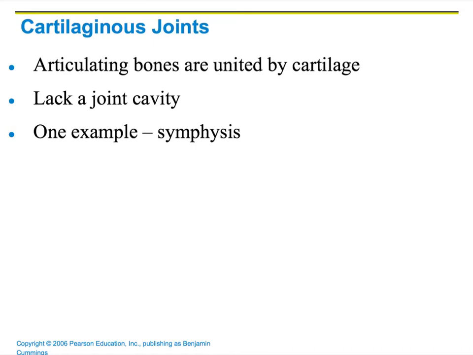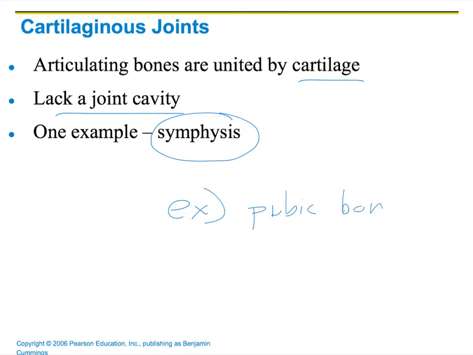Cartilaginous joints are, obviously, joints with cartilage in between the two bones. There is still no joint cavity. Sutures as well have no joint cavity. There are several examples, but the example I would like us to know is the symphysis, which you find between the pubic bones. And intervertebral joints as well.